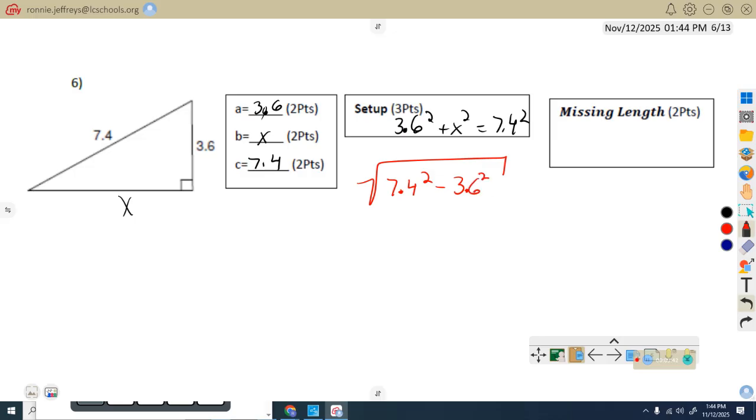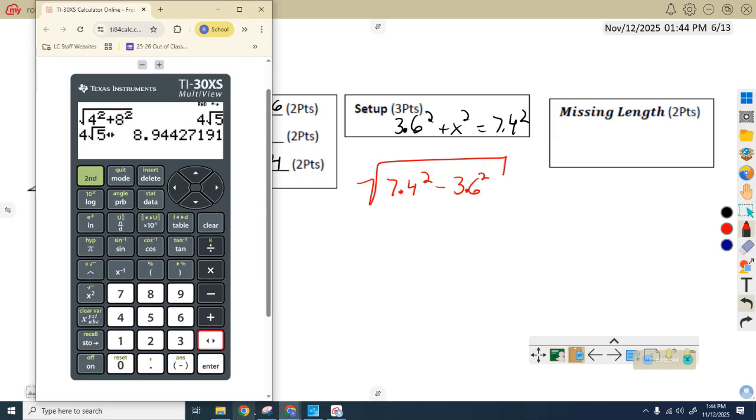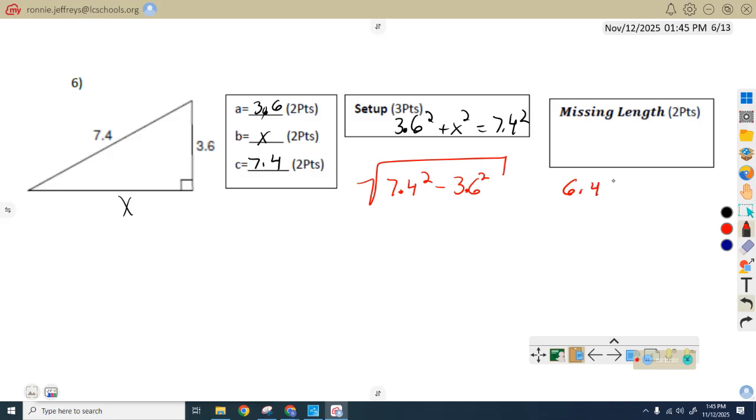If you hadn't figured that out by now. Some people haven't. And that's sad. Alright, so now, this does not have a simplified radical, so 6.46, which would round up to 6.5.